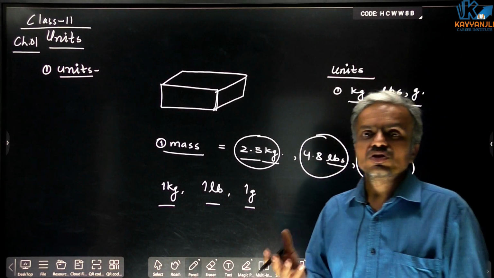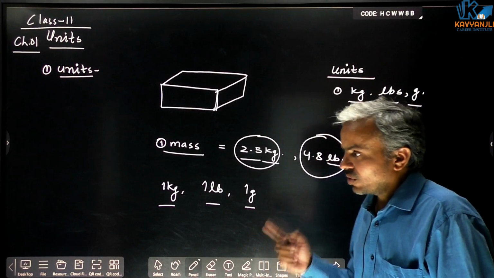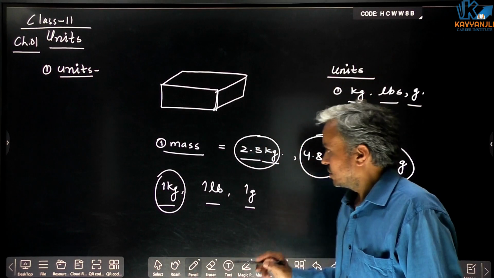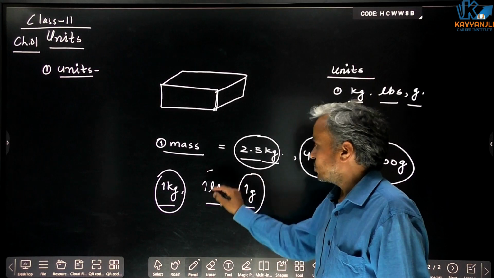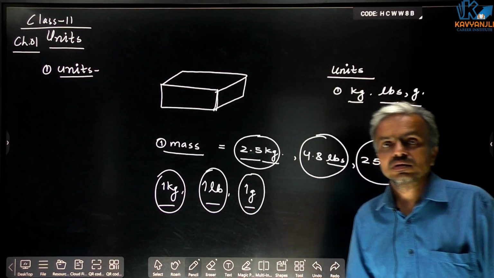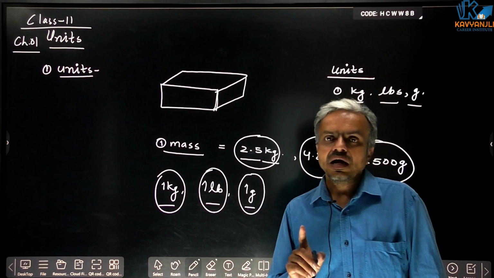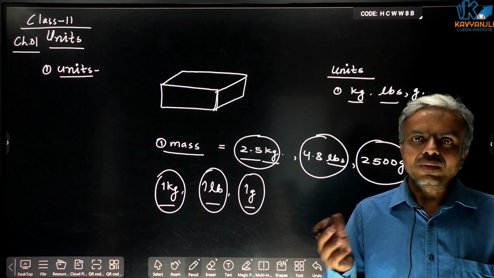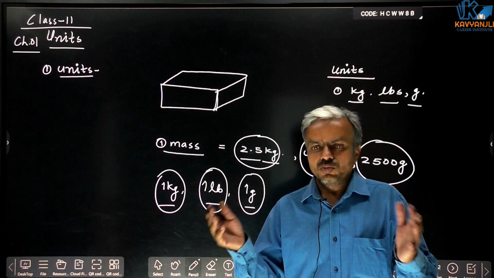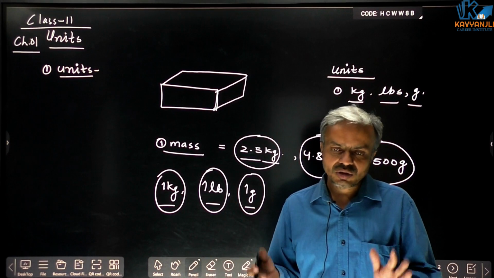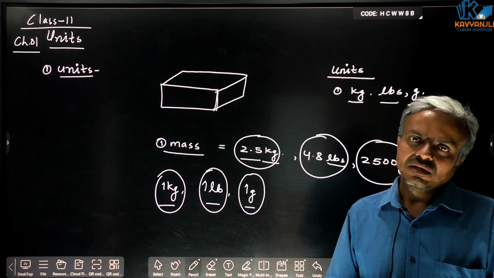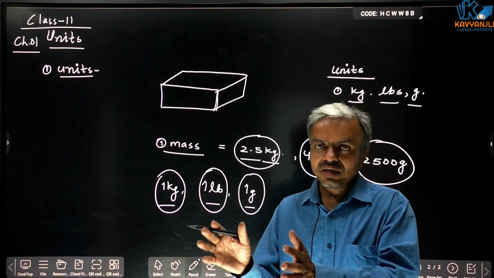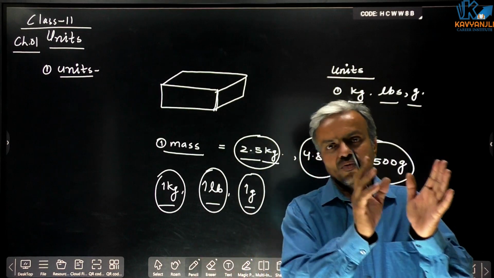So what is the definition of unit then? First we decide what is 1 kg, what is 1 gram, or what is 1 lb, what is 1 pound. So first, units are arbitrarily chosen. How arbitrarily chosen? Like the kings or the presidents of the nations, they talked together and decided that this weight or this mass should be called 1 kg.